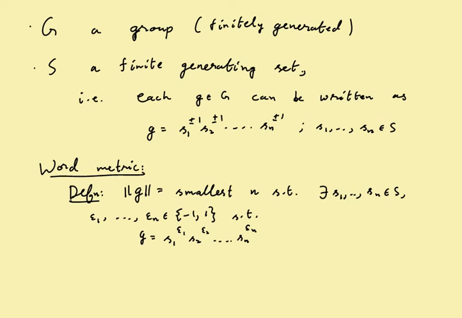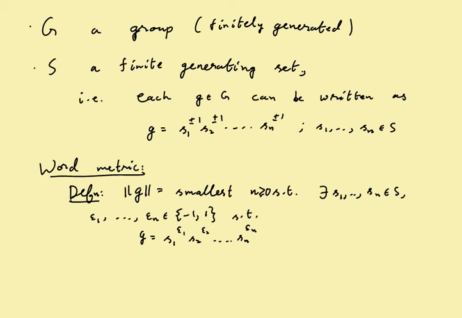Note, I'm not saying this is the shortest expression. I mean, it is a shortest expression. So it's the smallest n greater than or equal to 0 such that we can find appropriate generators.